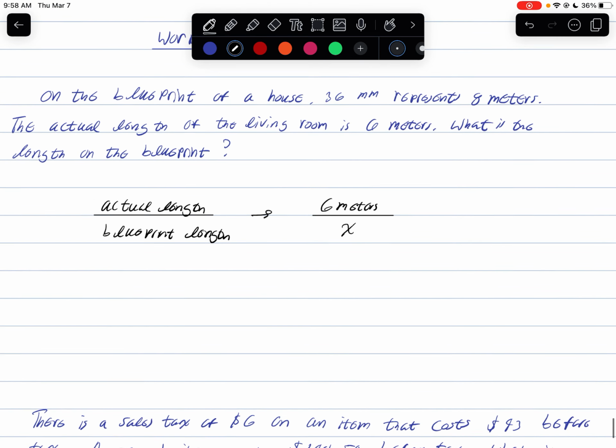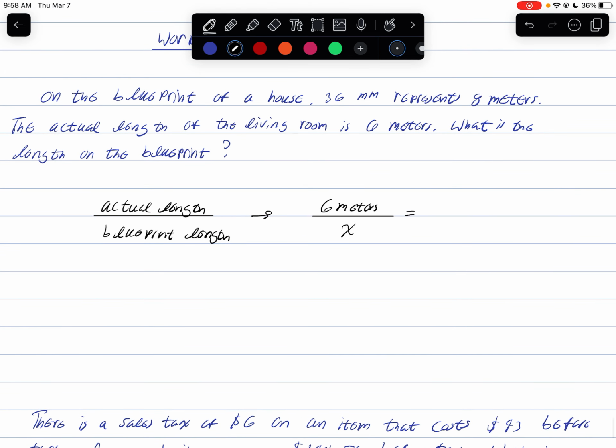So we're going to use 6 over X is equal to the ratio that we already know. The ratio that's given here is 8 meters over 36 millimeters. This ratio should be the same for each of these.